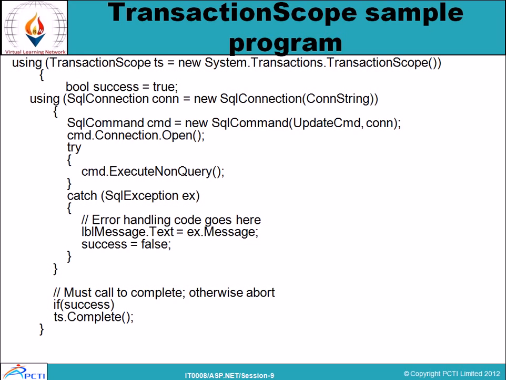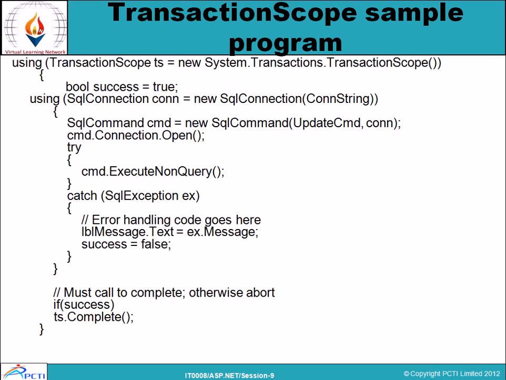Now let's have a sample program for the transaction scope, like using TransactionScope ts is equal to new System.Transactions.TransactionScope, bool success is equal to true.